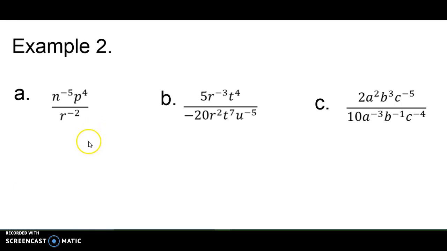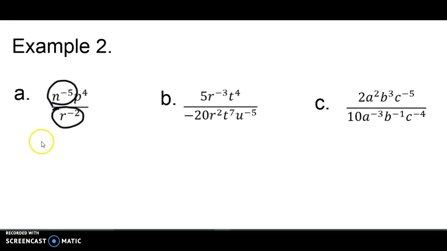Alright, so if we look at A, the first thing that I'm going to do is circle any of my bases and their negative exponents. So in A, I see 2 negative exponents. I see n to the negative fifth, but I also see r to the negative 2.